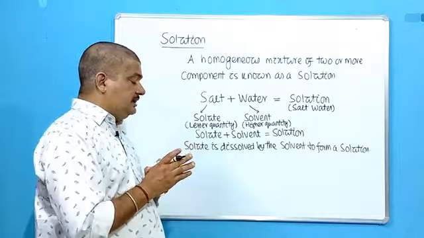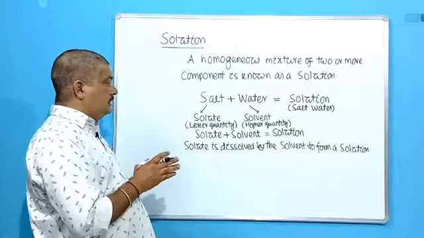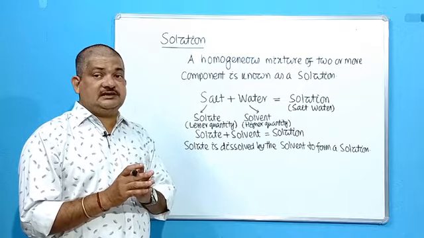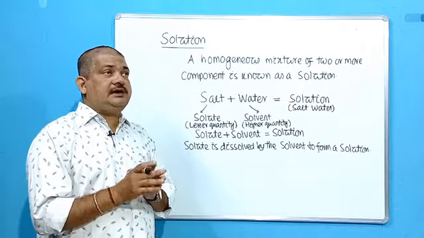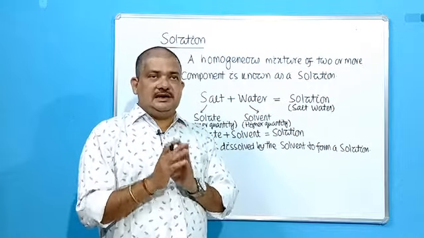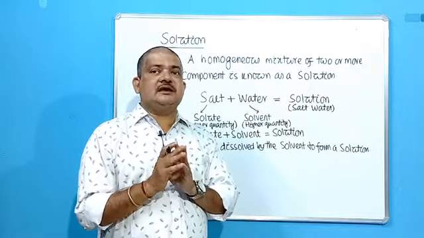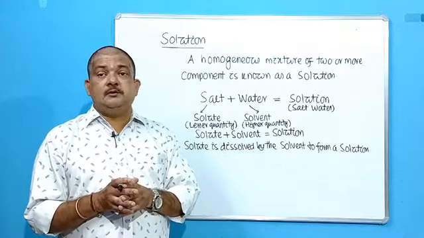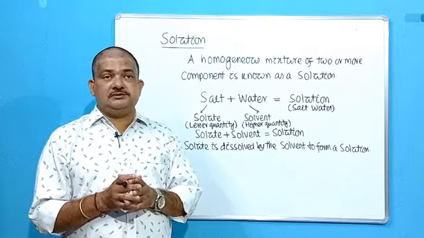Then the different amounts of solute and solvent which are present in a solution is called its concentration. And there are various ways to express the concentration of a solution.